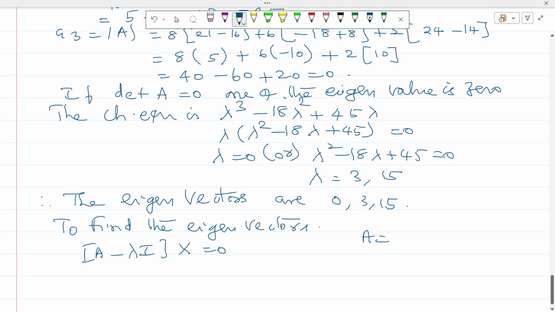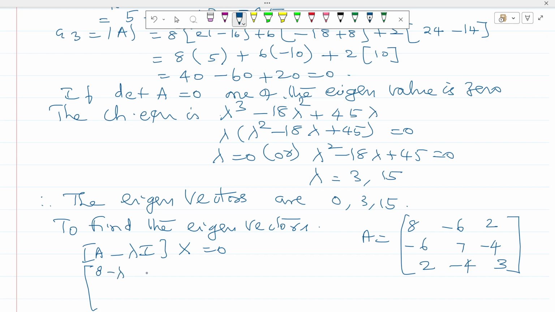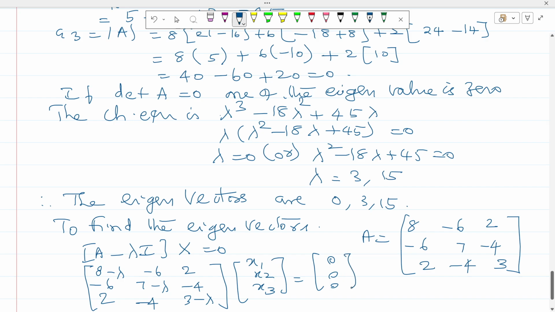A is 8 -6 2, -6 7 -4, 2 -4 3. Therefore (A - λI)x is 8-λ, -6, 2; -6, 7-λ, -4; 2, -4, 3-λ, multiplied with x1 x2 x3 equal to 0 0 0.